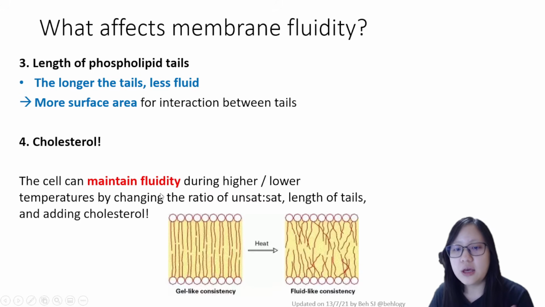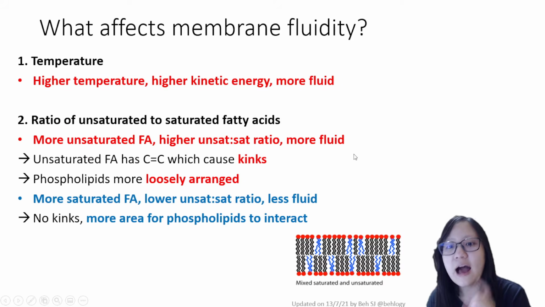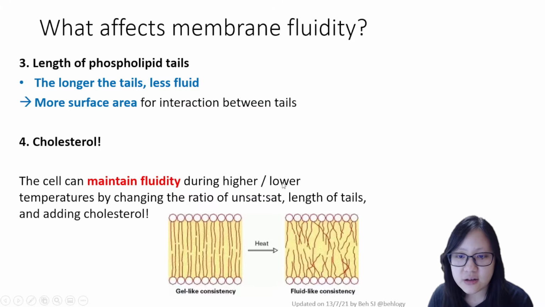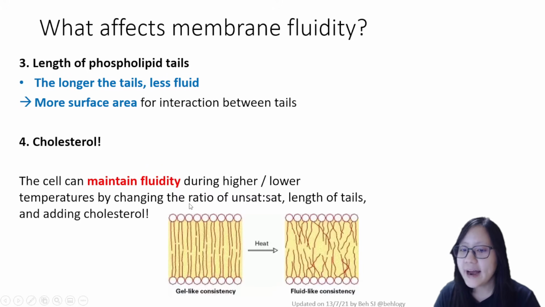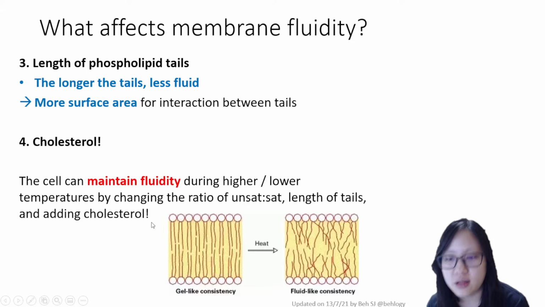So, if they are exposed to higher temperature, it will make the membrane more fluid, right? So that's not ideal for the cell. However, the cell can maintain fluidity by changing the ratio of unsaturated to saturated fatty acids, the length of tails, and adding cholesterol.